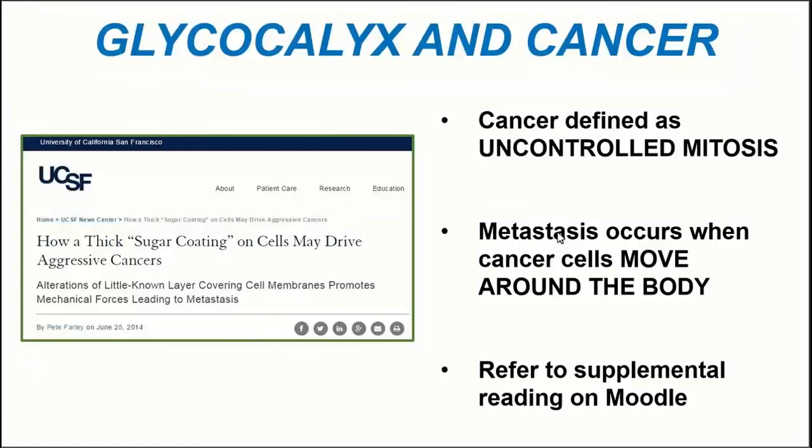So it is thought that metastasis is possible because the glycocalyx of cancer cells changes and becomes much thicker, which makes it harder for the cancer cells to actually stick to other cells. And that then allows the cancer cells to break free from their point of origin, travel through the blood or lymphatic system to other places in the body where they can essentially set up shop.